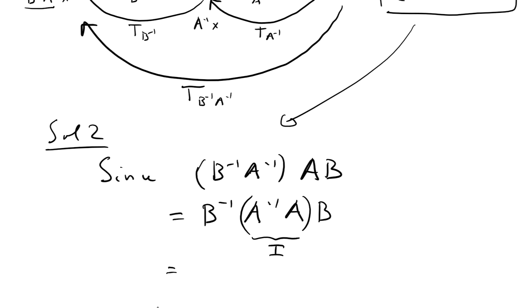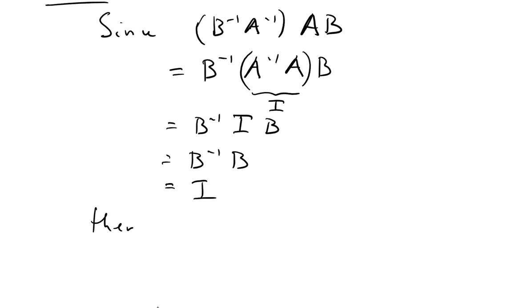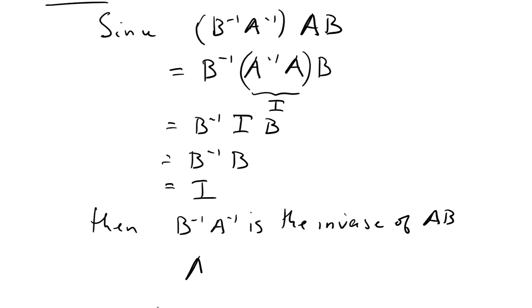This is I, so this is B inverse I B. And this is B inverse B, because I times B is just B, and B inverse B is I. Then B inverse A inverse is the inverse of AB. So in other words, the sentence I just wrote means that AB inverse is B inverse A inverse.